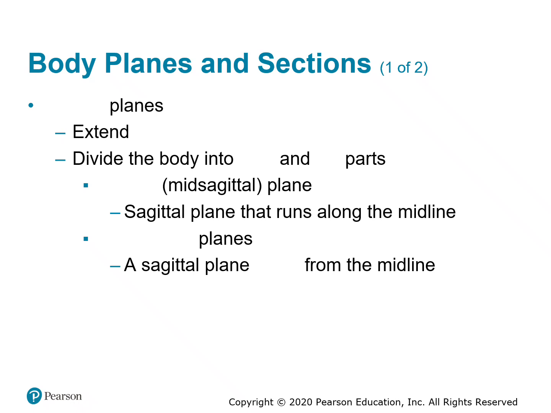All right. Then we talk about body planes and sections. A sagittal section is going to extend vertically. A sagittal section is going to divide my body into right and left parts.